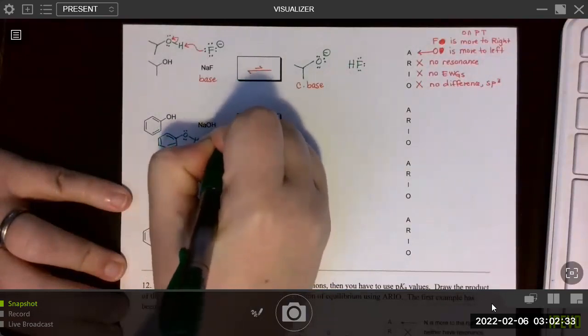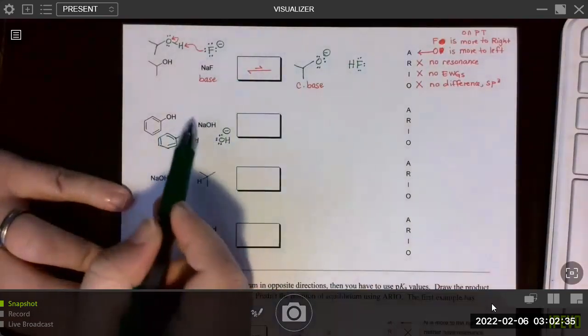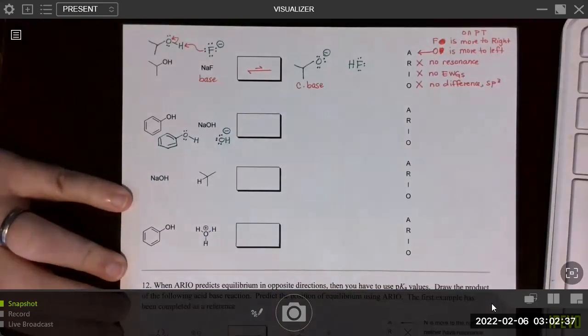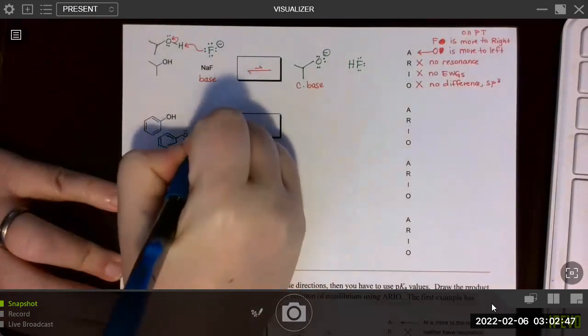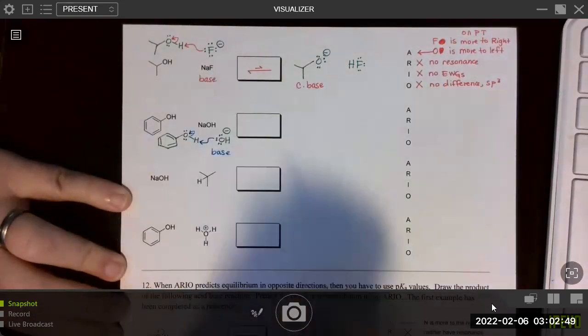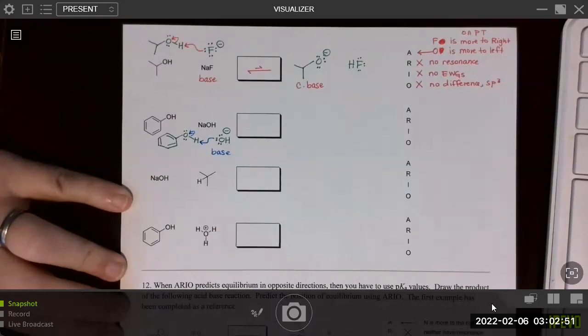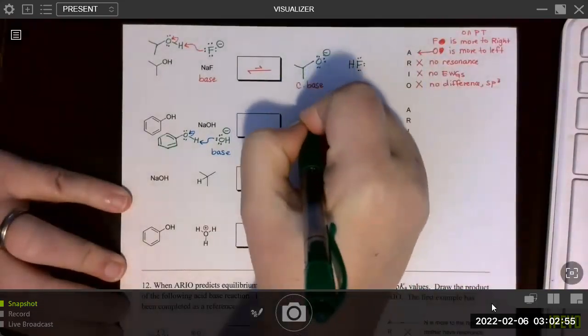I can ignore the sodium ion, which is really just a spectator ion. And then I am going to label the base. Base takes a proton from the acid, and then we'll go ahead and draw in what we formed here.